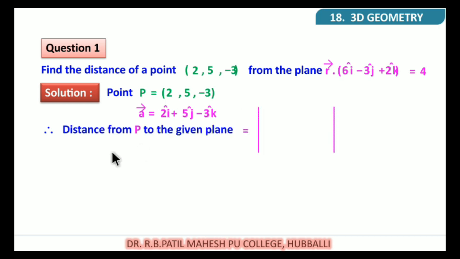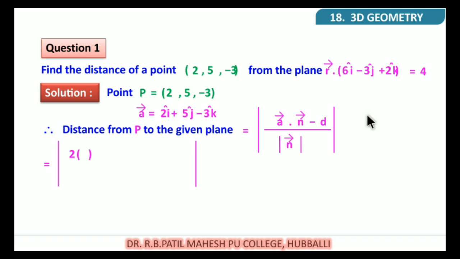Therefore the distance from P to the given plane will be the modulus of vector A dot n vector minus d divided by the magnitude of n vector. So therefore we can take the dot product of A and n vector, right? Here n vector is 6i minus 3j plus 2k, and A vector is 2i plus 5j minus 3k. So we can take the product of scalar components, right?